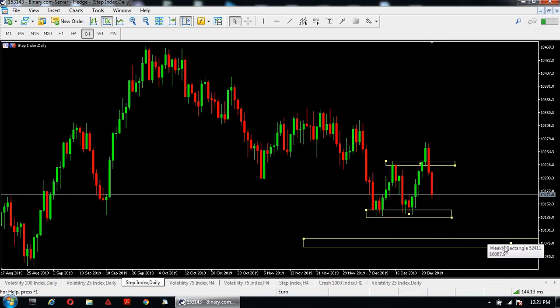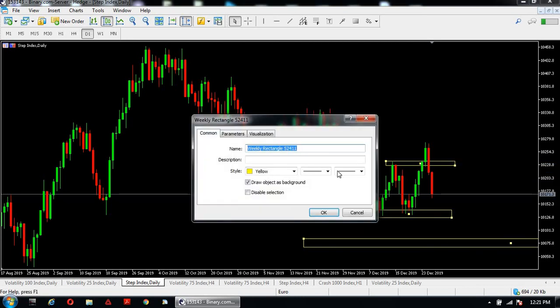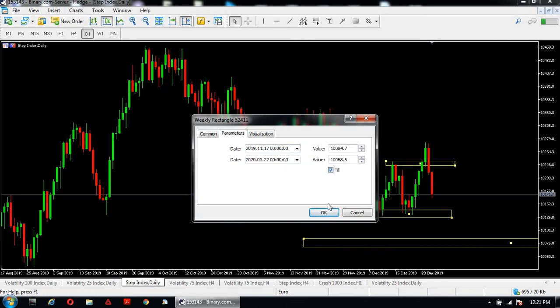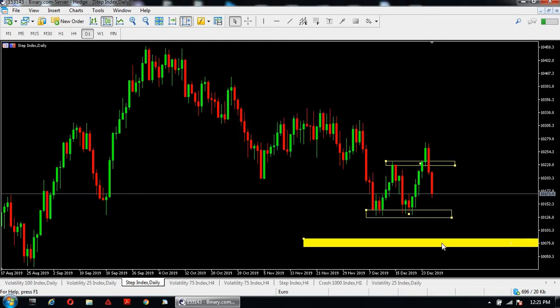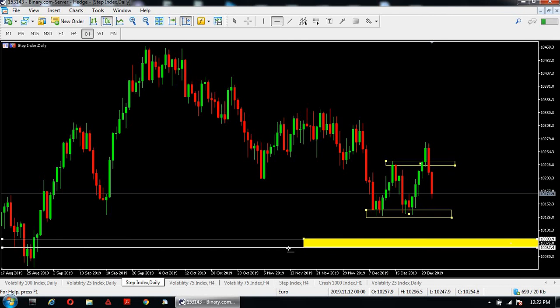So I'm expecting price to come down to these areas as my take profits. So from my weekly time frame, I'm considering to take every and any sell opportunity I get all the way to this point as my first take profit areas.